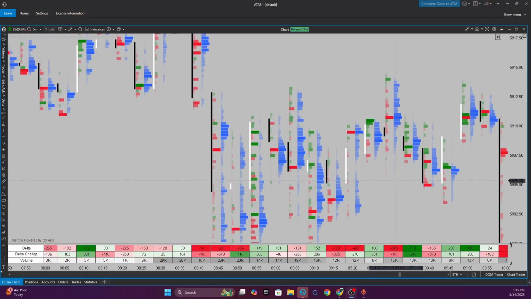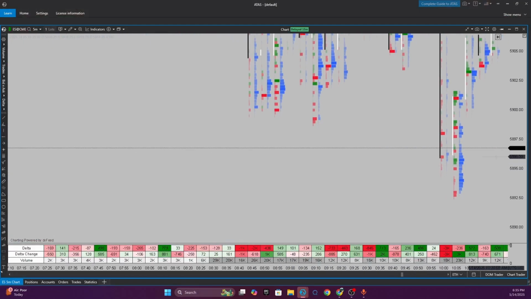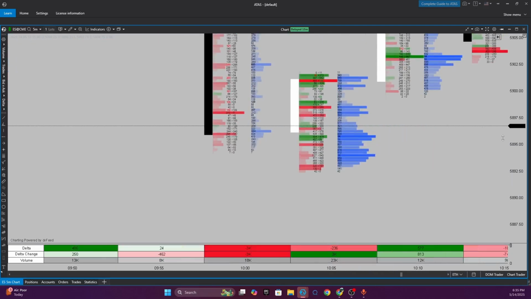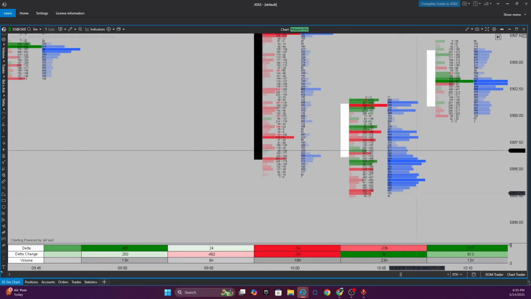Now if we look at the footprint chart, what do we see at these two candles? Look at how much selling delta is in this one candle, and look at how much selling delta is within this candle as well.